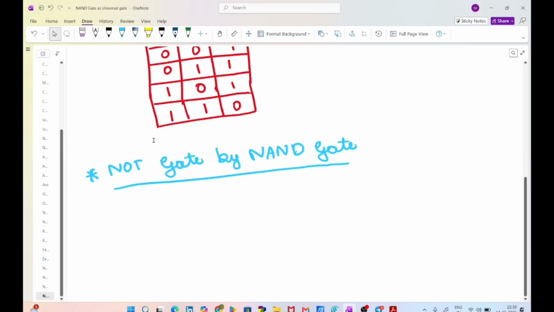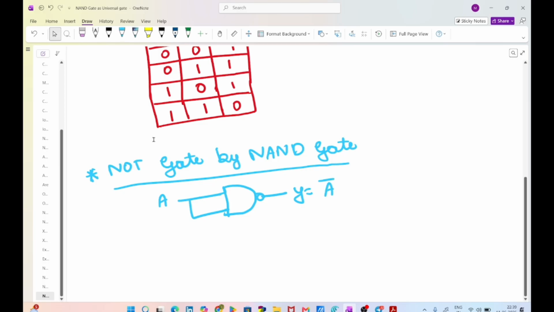By simply shorting the inputs, we can get the inverter. Y is equal to A bar.